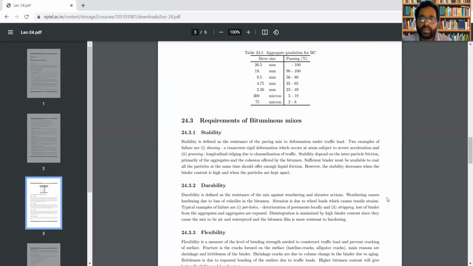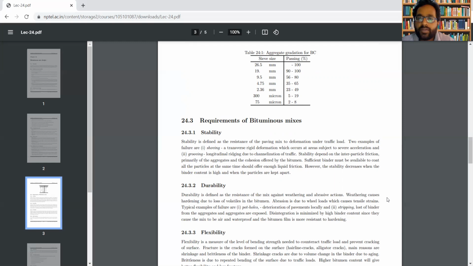Next one is grooving. Due to the channelization of traffic, there will be longitudinal ridging happening. We call it grooving.